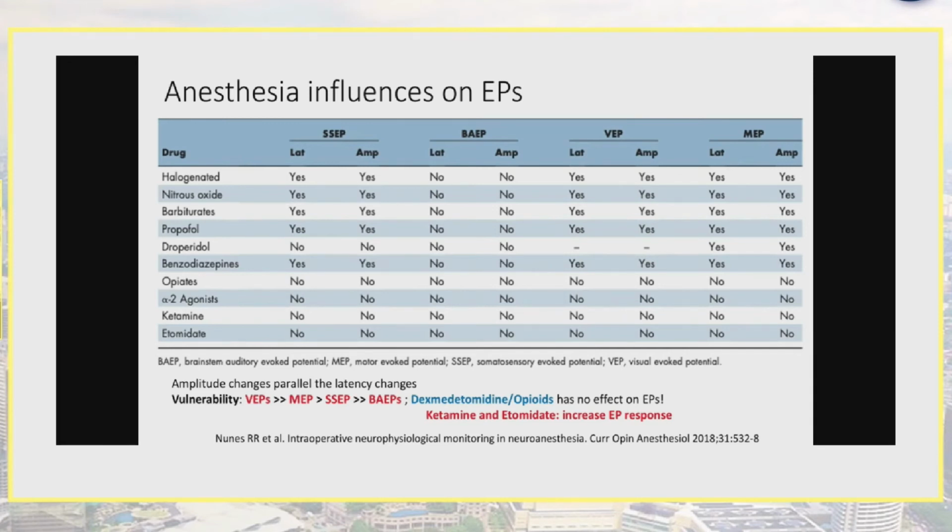Opioid has no effect. Ketamine and etomidate increase the evoked response. Dexmedetomidine improves signal because when you apply dexmedetomidine in your TIVA, it reduces both your propofol and remifentanil, which improves the signal, because the signal is dose dependent on propofol.